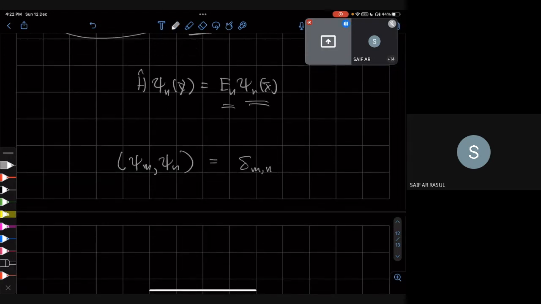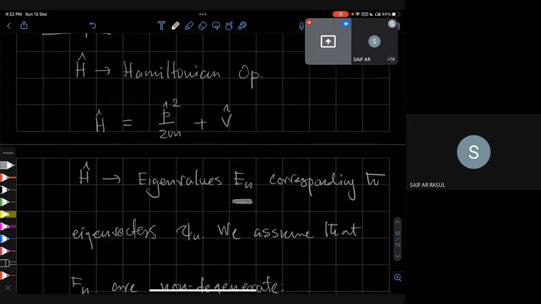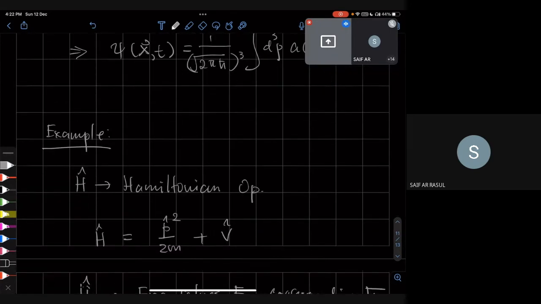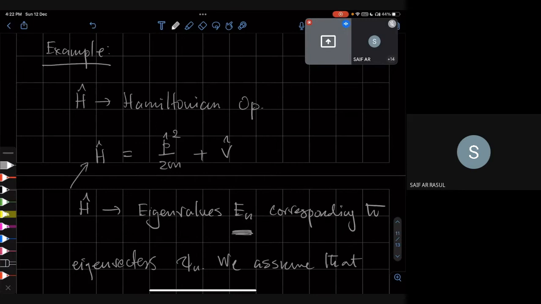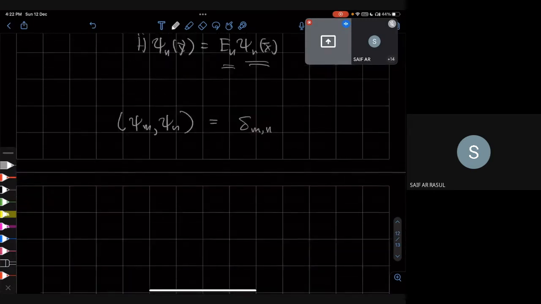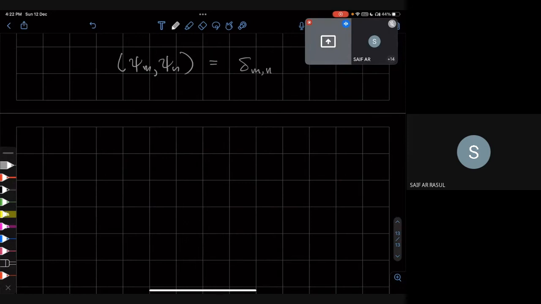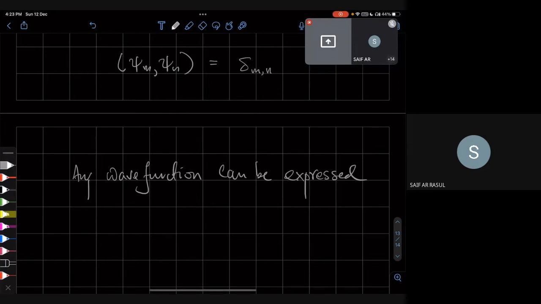So the fact that we assume that the eigenfunctions of H will provide us with a complete set of bases means that any wave function can be expressed as a linear combination of, say, psi n of x.